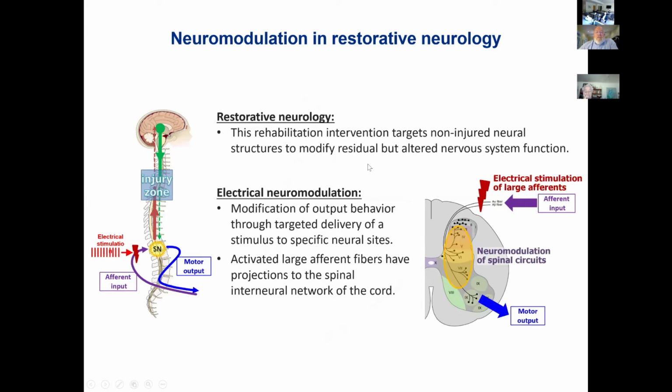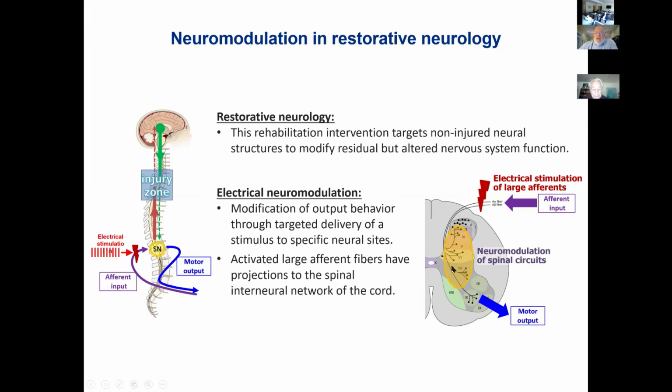So this idea that restorative neurology is intervening to work with the residual non-injured neural structures to try to improve functional output. And we've talked about using stimulation to activate the sensory input to the spinal cord, which is still present, even if it may be slightly altered in its anatomy and physiology.